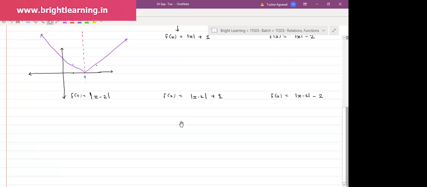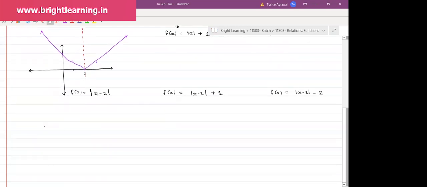Okay, and the last, f of x is equal to minus of mod x. So minus of mod x.